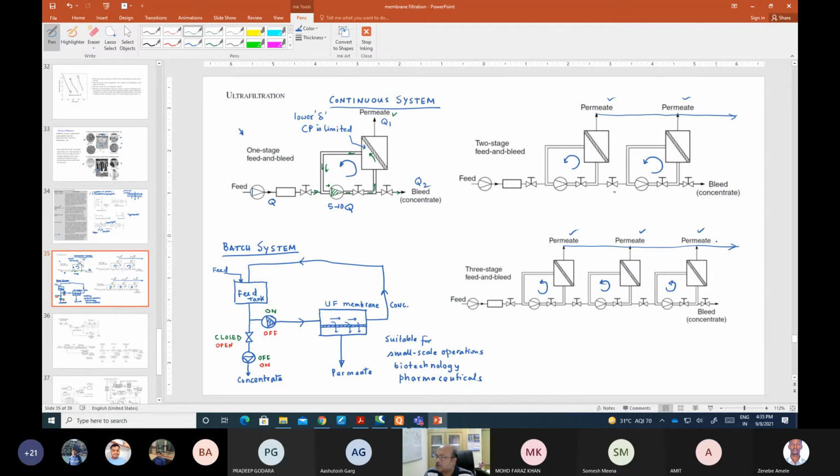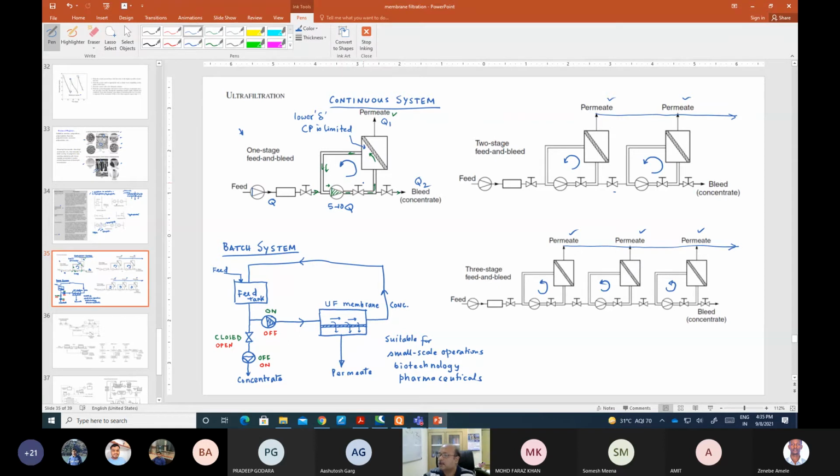Then we use multiple stages, and when we add multiple stages, the difference in concentration between the solution which is recirculating in a stage and the feed solution is minimized, and that actually helps us to have a better configuration.